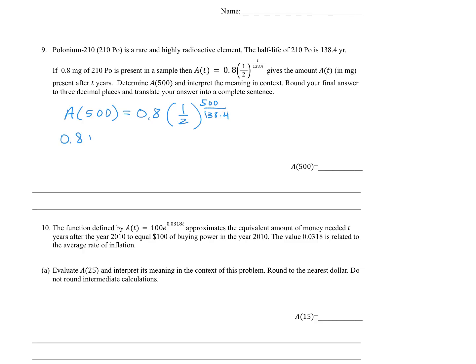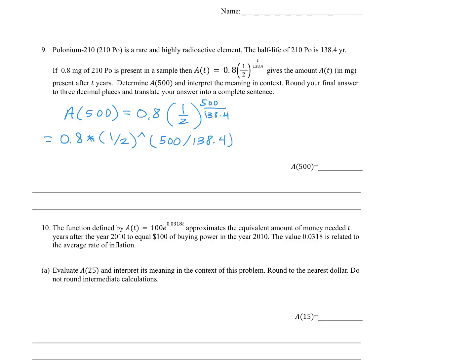That is 0.8 times, and then you have a base of 1 divided by 2 in parentheses, and then you probably have a power button. It's either a caret, which is the shift 6 on the keyboard, or it's the X to the Y button. I'm going to assume it's a caret because it's the calculator for our class. And then for this power, use parentheses. It is 500 divided by 138.4.